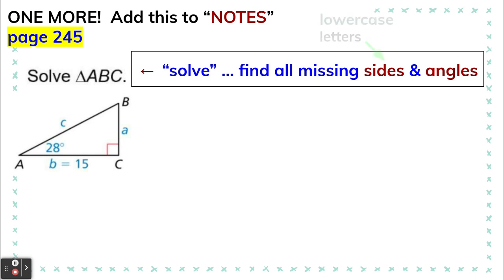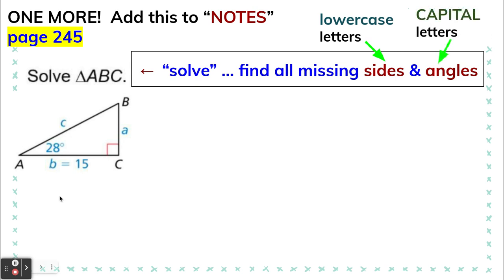But before we solve, let me clarify what the notation is. They will always use lowercase letters to represent the sides. So little a, little b is a length, and little c is a length as well. Angles are used with capital letters, so that's important that you understand that as well. So angle A here is across from little a, the side little a.